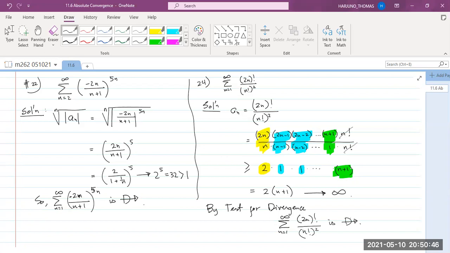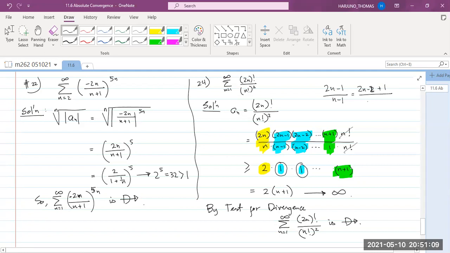In fact, I somehow think we can say this is greater than 2. I can change all of this to 2. Yeah, 2n minus 1 over n minus 1, that is 2n minus 2 plus 1 over n minus 1.